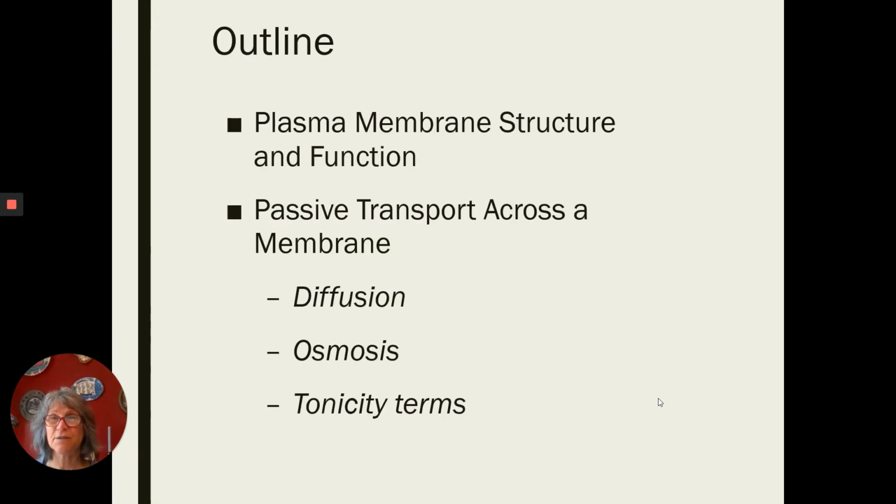What we'll talk about first is, very quickly, membrane structure and function: what it's composed of, just a quick review of what it's made of and how those components work. And then we're going to spend most of the time talking about passive transport across the membrane, and specifically diffusion and osmosis, and the terms that we use to determine which way water is going to move into or out of a cell.